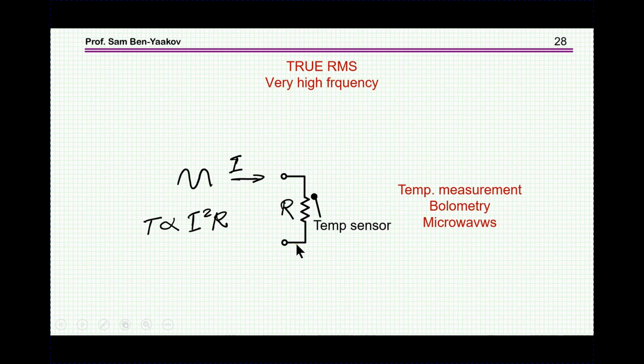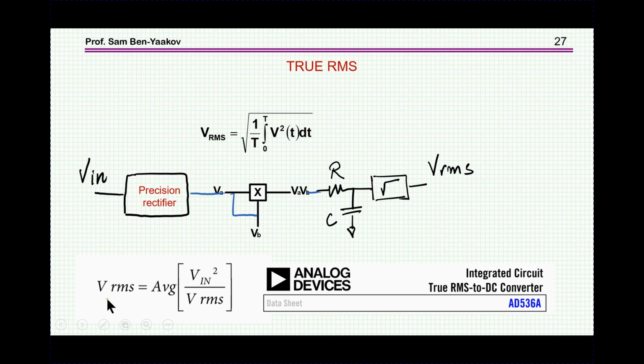One example is here. We're passing the current through a resistor. The resistor is getting hot, and the temperature will be related therefore to the power. You can calibrate it, and then you measure the temperature of this resistor by a temperature sensor. So this will give you a true RMS at frequencies where you cannot do this operation with today's electronics.